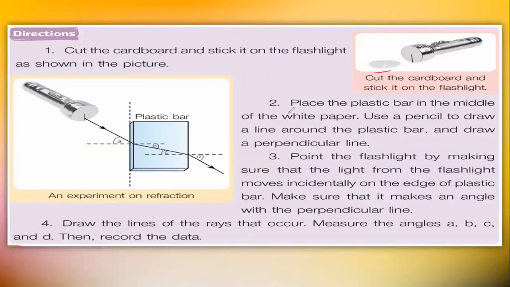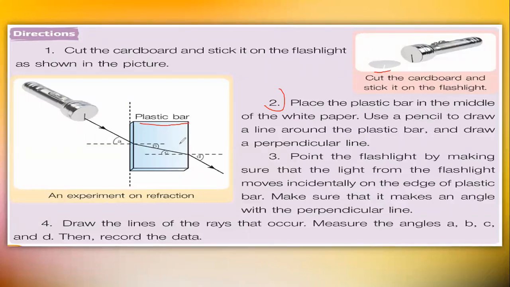Now, the second direction. Place the plastic bar in the middle of the white paper. You can see we already have a plastic bar. We have to place the plastic bar in the middle of the white paper. We already have a white paper, and we put the plastic bar right in the middle.